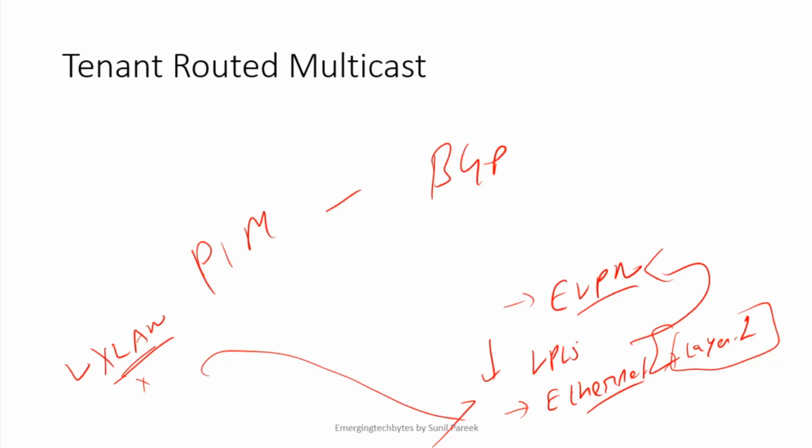You may be wondering, Sunil might have gone mad. We are all here for multicast. Why are we talking about EVPN, VPLS, Ethernet, VXLAN? The reason is, even though we are introducing BGP for PIM, none of the behavior of multicast is allowed to change.